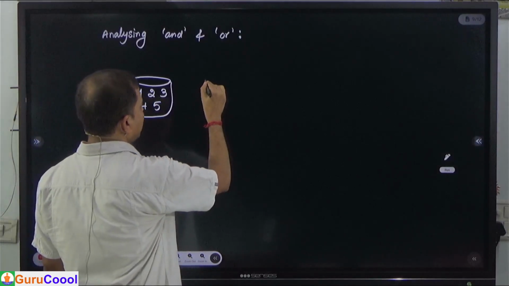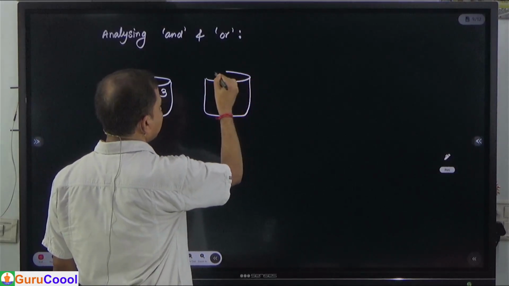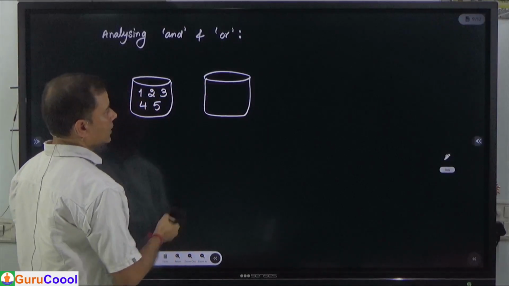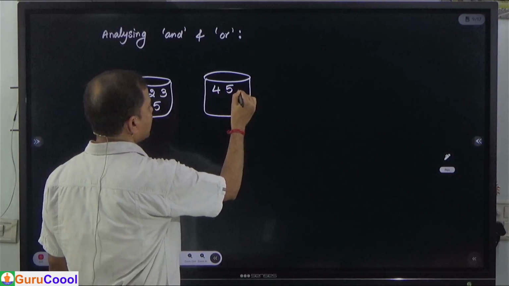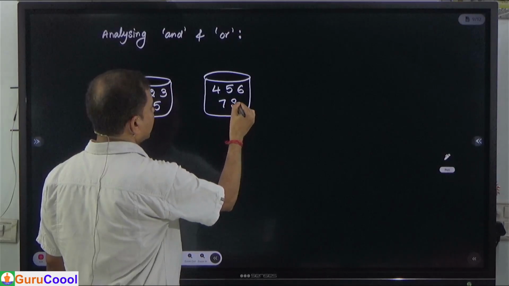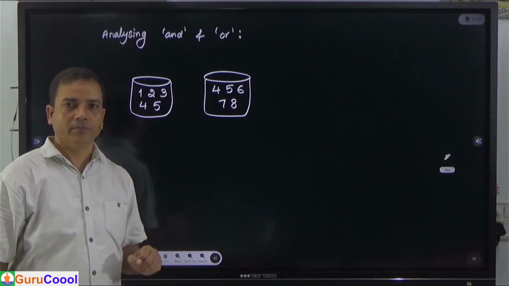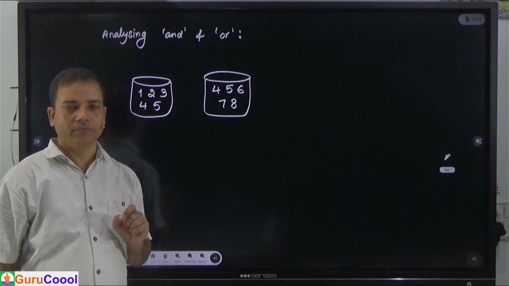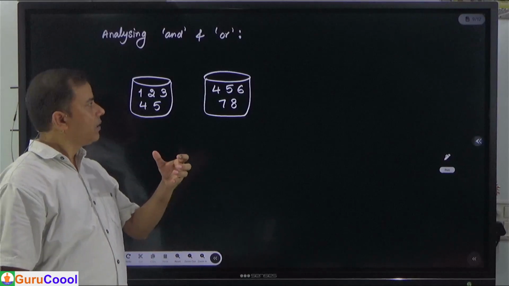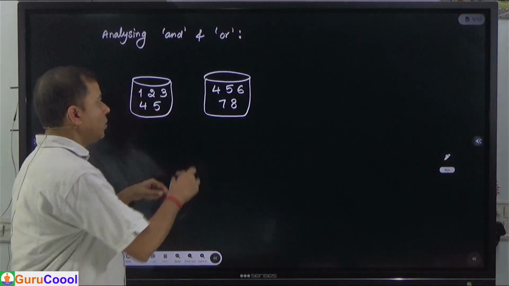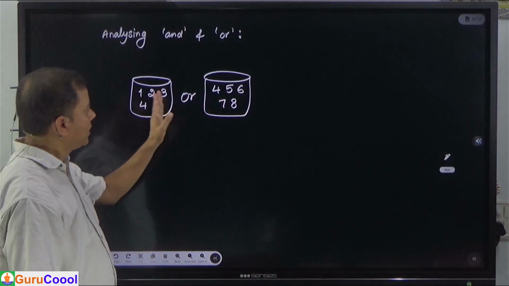There is another similar box filled with some more cards printed with the numbers 4, 5, 6, 7, 8. You are told to draw a card having a number belonging to this box or this box, this or this.